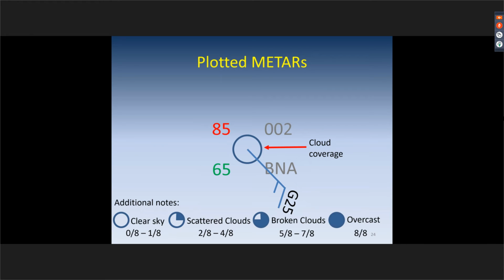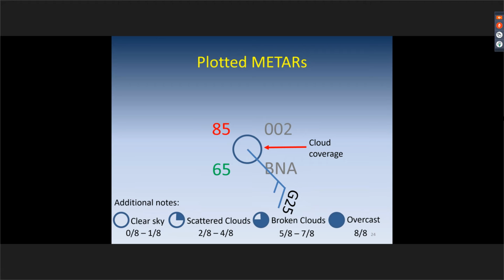But if you actually have an observer there, they can go out and tell you how many octets, O-C-T-E-T-S, octets of clouds are in the sky. They divide it into 8 pie pieces. So if you see a clear circle in the middle, that means you've basically got a clear sky.